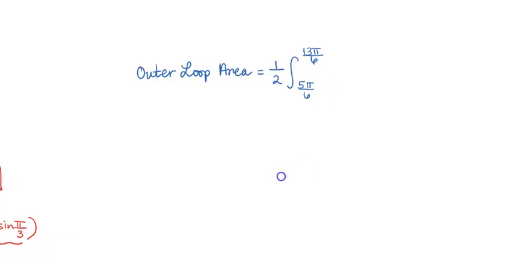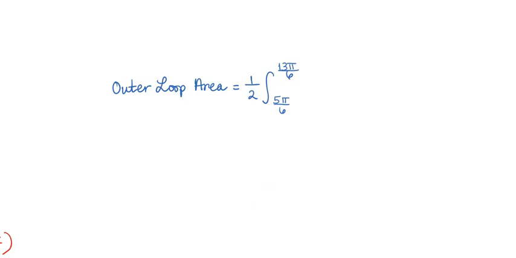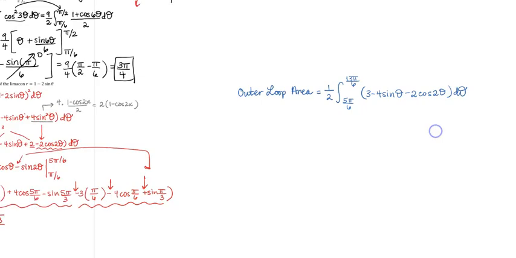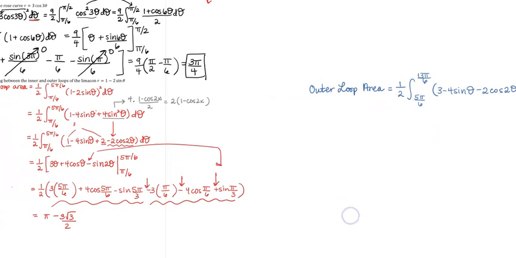We are integrating the exact same expression. I went ahead and just wrote the simplified version of the integral because nothing changes. The only difference is the limits of integration.